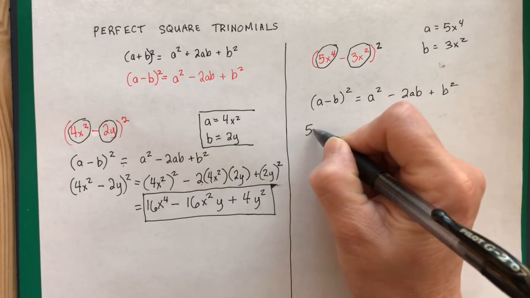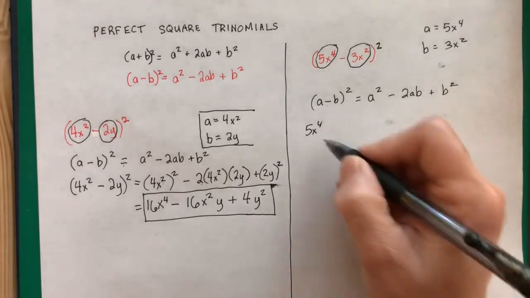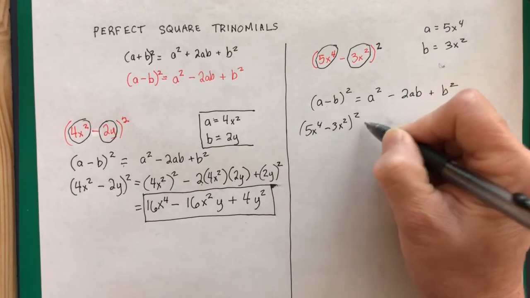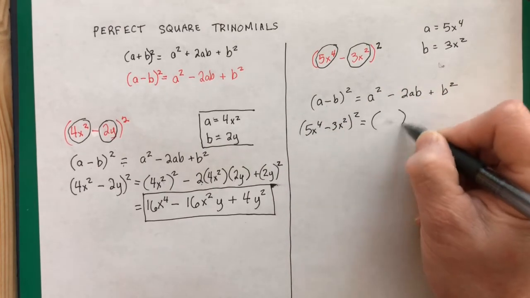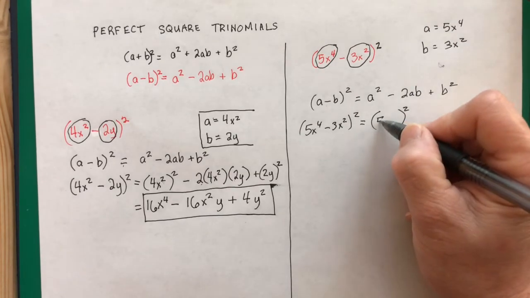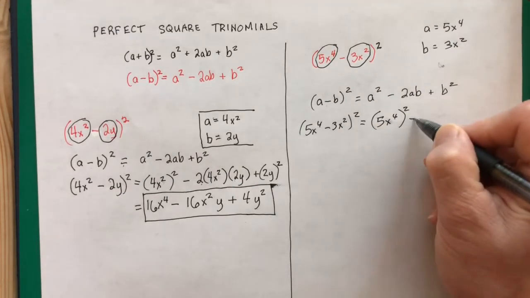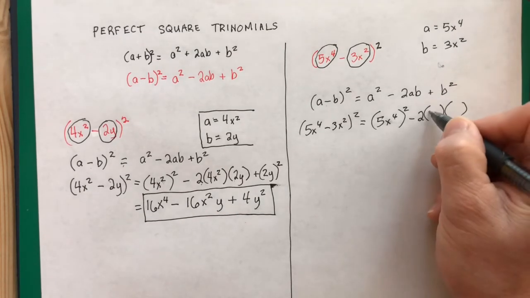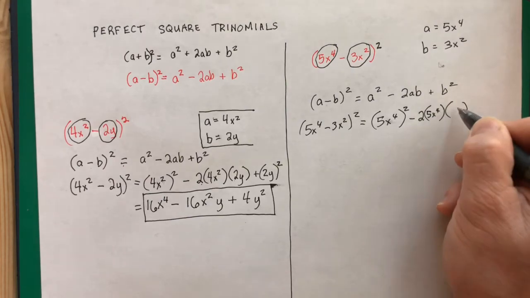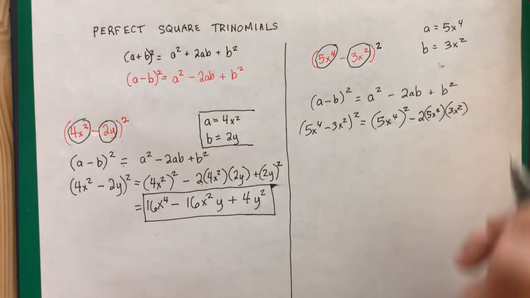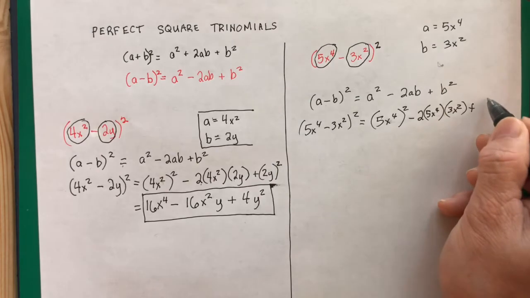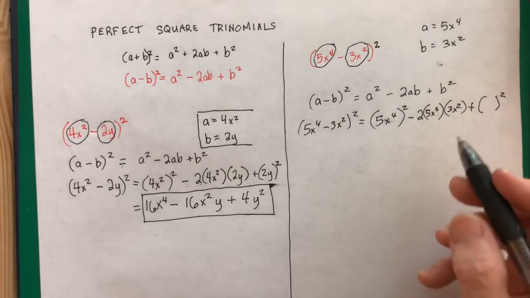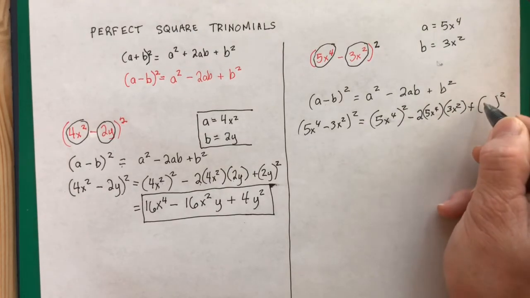Right here I start with 5x to the 4th minus 3x squared. All of this is squared. Equals, put my a squared, 5x to the 4th minus 2 times a times b. A is 5x to the 4th. B is 3x squared plus b squared, and that's going to be 3x squared here.